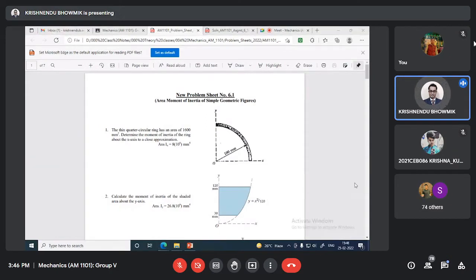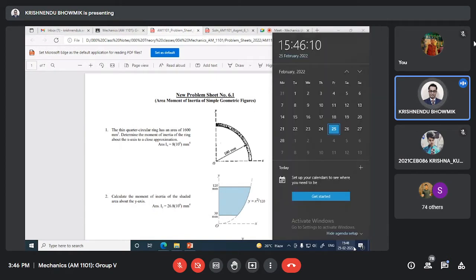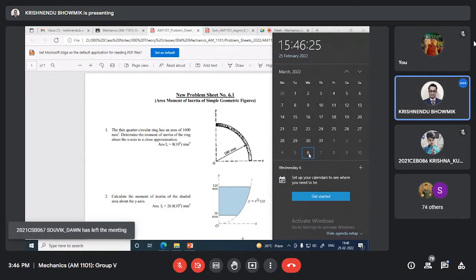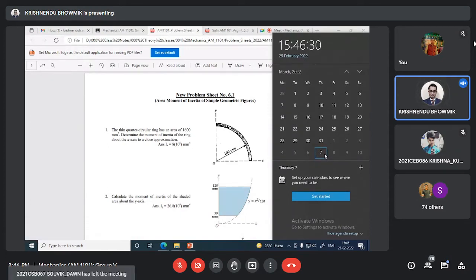If you see our calendar, February is gone. For March, I think your exam will start from here. Let me check from the mobile also. The end semester is supposed to start from 7th April, and there is one holiday due to Holi on 18th.